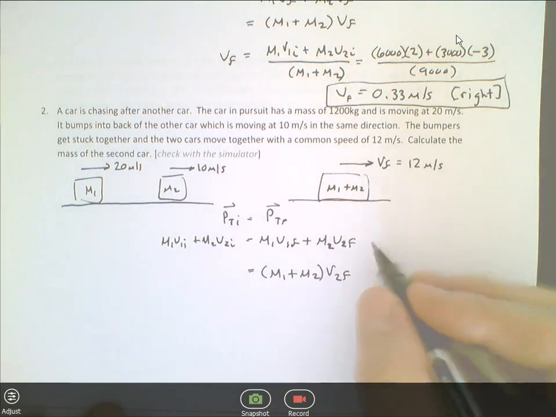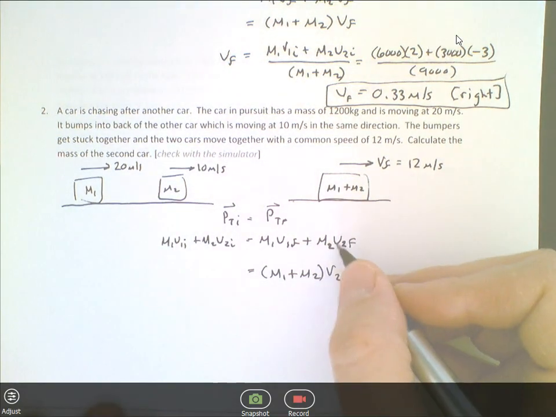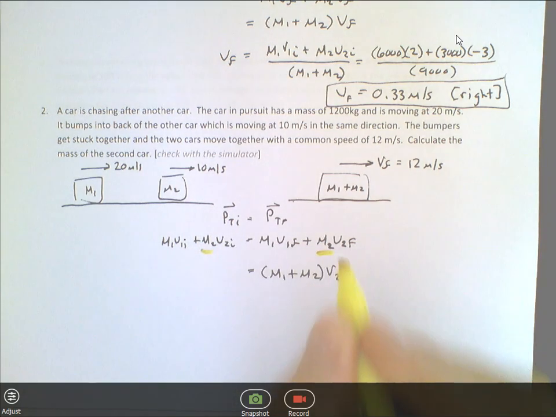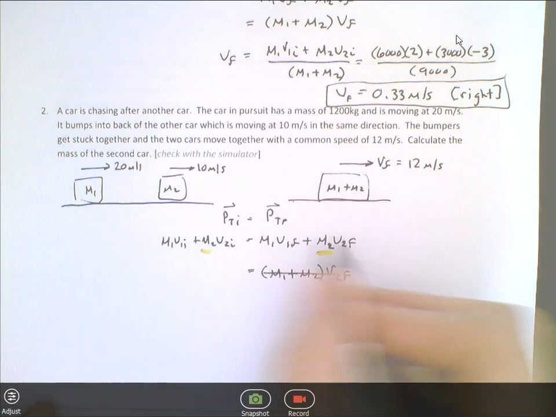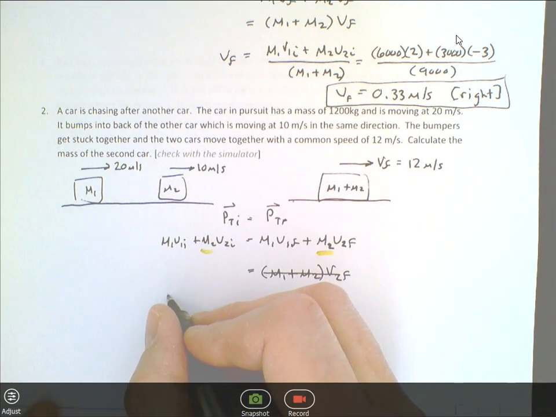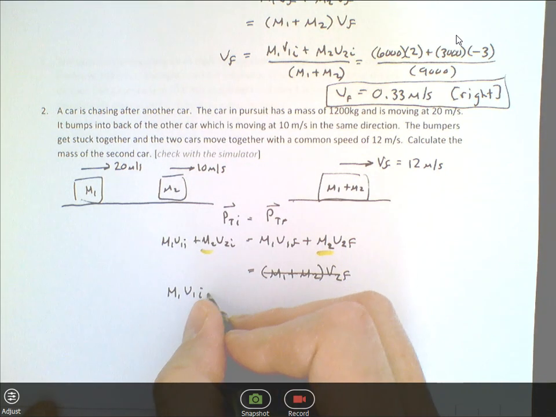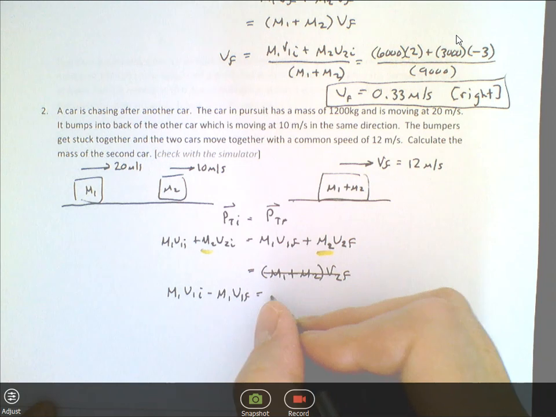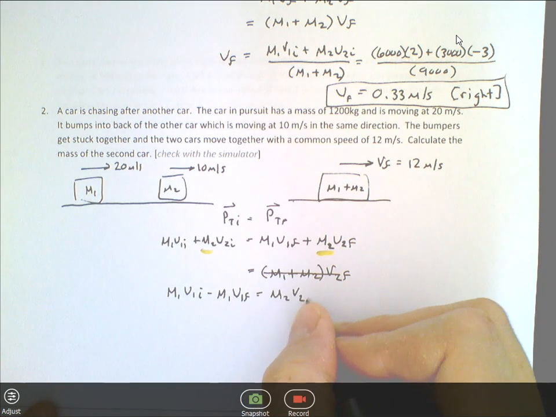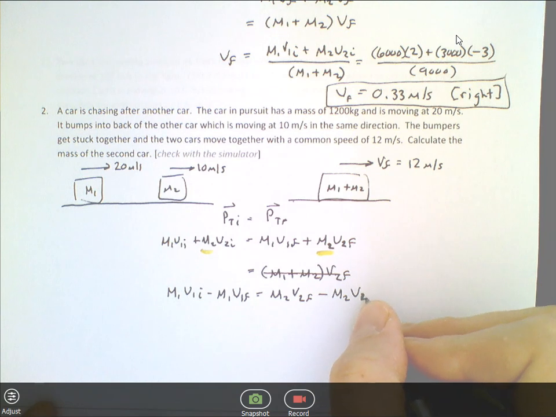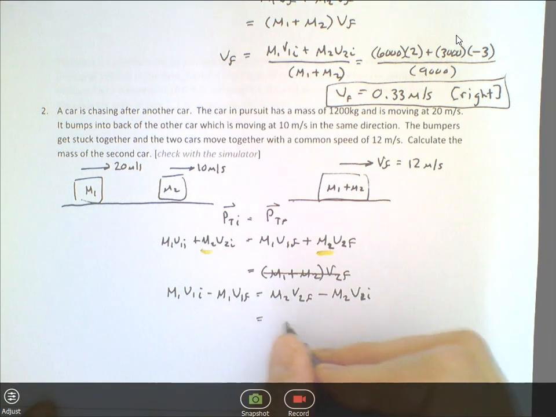Oh, actually, we don't want to do that because we're trying to solve for M2. And since we're looking for M2, common factoring is not what we want to do. So we're going to ignore that part, and we're going to bring the M2s to the same side and the other stuff to the other side. So M1v1i, M1v1f, now we common factor because we're looking for the mass.